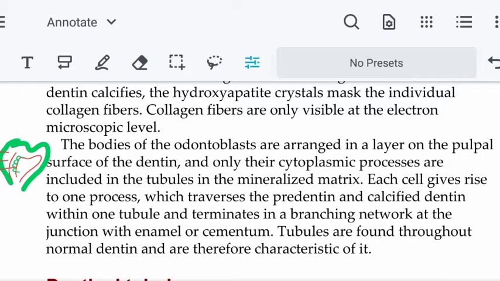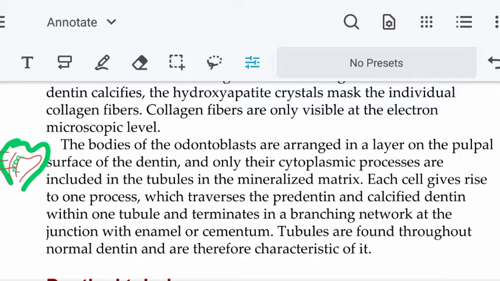So dentin contains dentinal tubules, and these small green cells are odontoblast cells. These are present on the pulpal side, and these odontoblasts contain odontoblast processes, which are present inside the dentinal tubules.